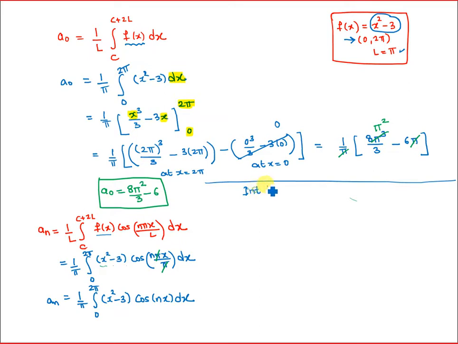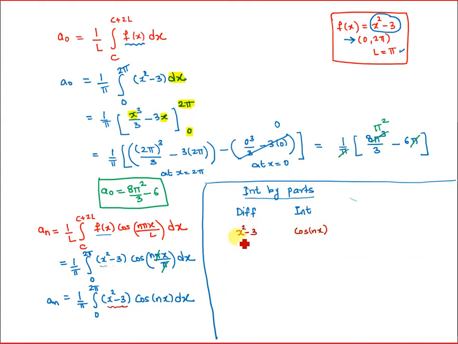So we are going to use that rule. We select one function for derivative, another for integration, because here that is possible. So now we select x square minus 3 for derivative, because after certain derivatives it will become 0, and the remaining function for integration, which is cosine nx. So let's follow the steps.